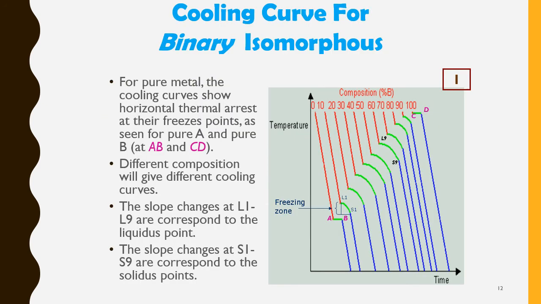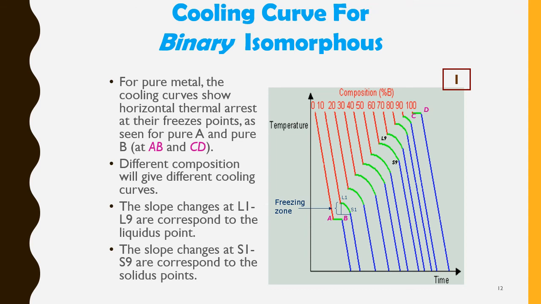Okay, this is the cooling curve for binary isomorphous material. For pure metal, the cooling curve will show horizontal thermal arrest at the freeze point as seen from A to B over here. And we know that different compositions will give different cooling curves, as liquid turns to solid at composition 1, and liquid turns to solid at composition 2, until it reaches 100% solid at the end.